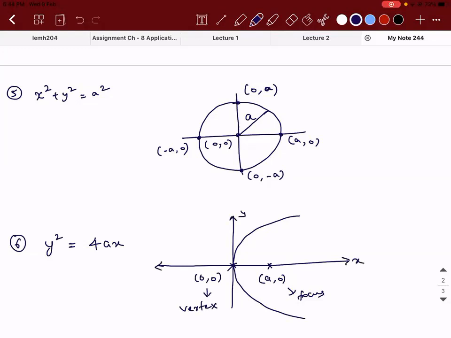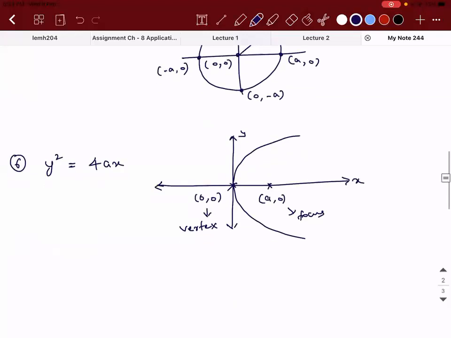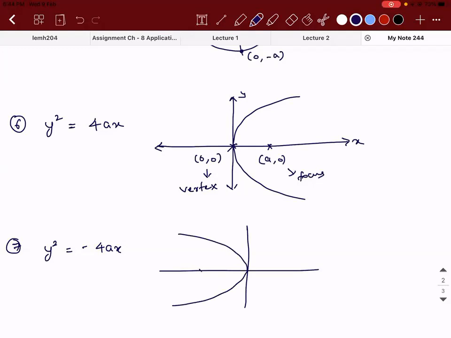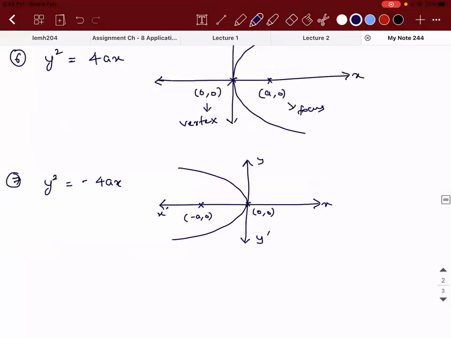X-axis, y-axis. Similarly, y square is equal to minus 4ax will be something like this. This point will be minus a comma 0, this point will be 0 comma 0, this is x-axis, and this is y-axis.